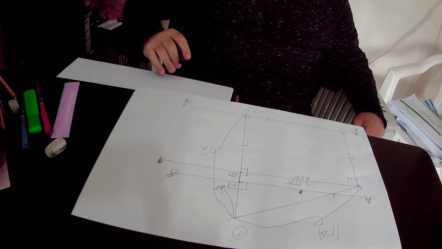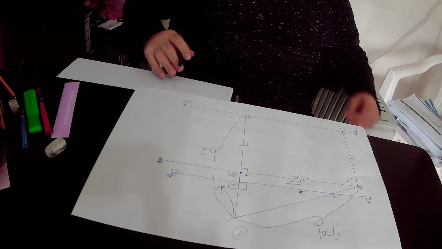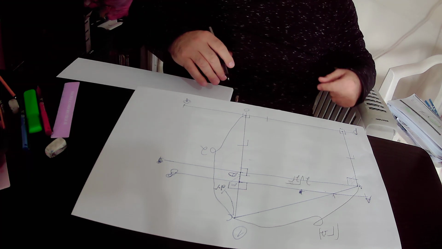And we have also rule number 4 that states that the opposite sides of a rectangle are equal to each other.